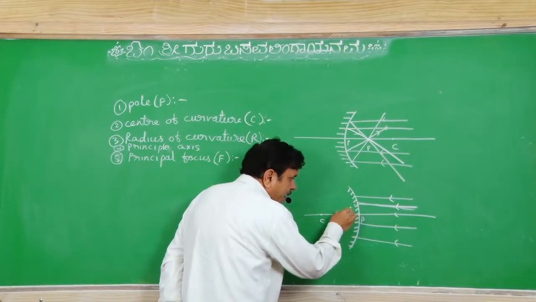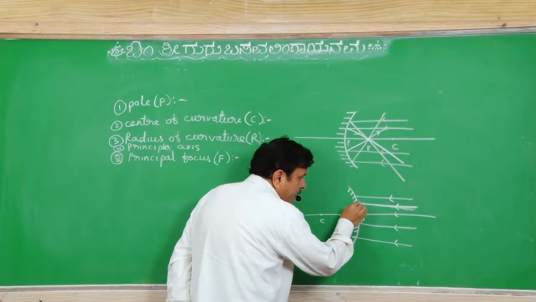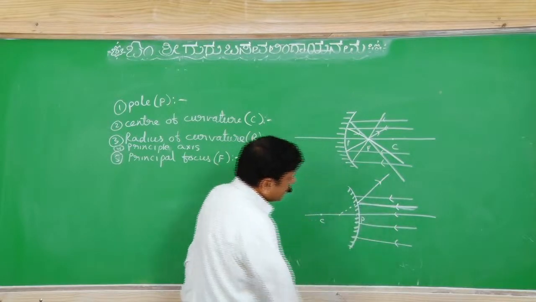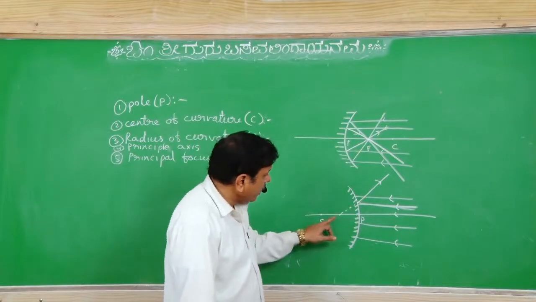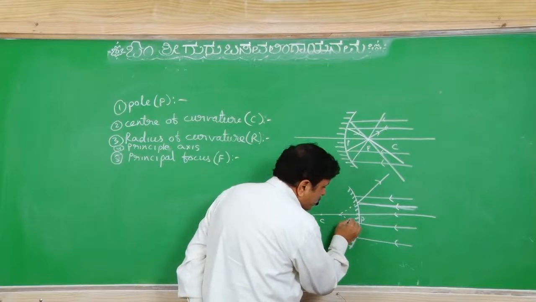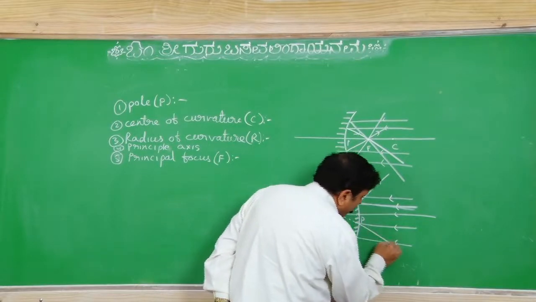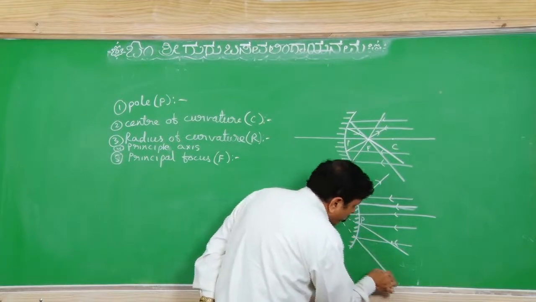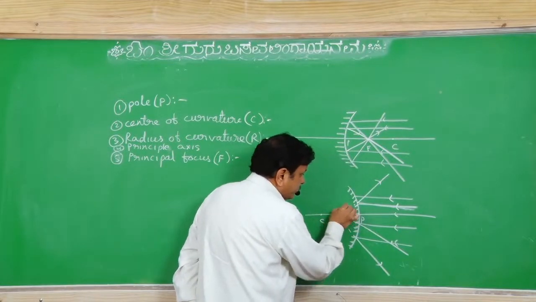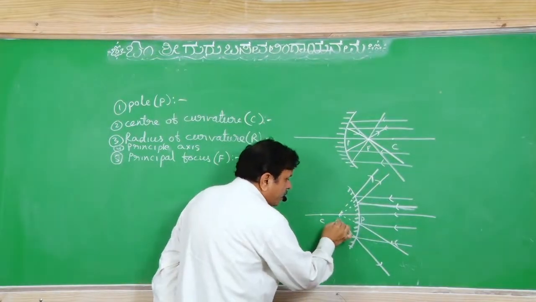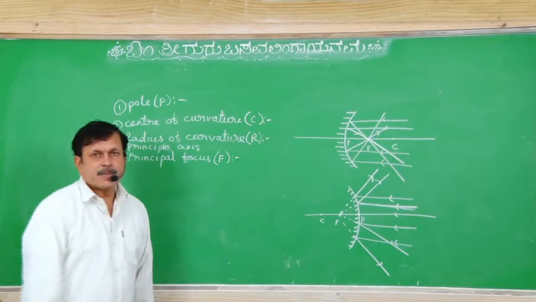So for that, we can join these two points and extend, and you will find that the ray is found to be coming from this point on the principal axis. Here also you will find that the ray will be found to be coming like this, and in this manner, and so on. So here, this point also is called the principal focus.